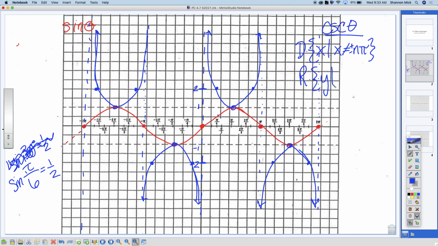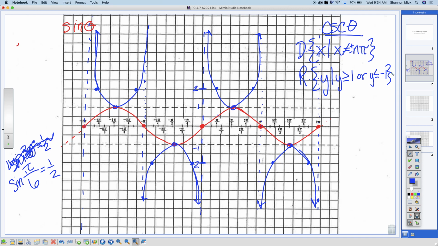So y is less than or equal to -1, or y is greater than or equal to 1. It's everything 1 or bigger and everything -1 or smaller.